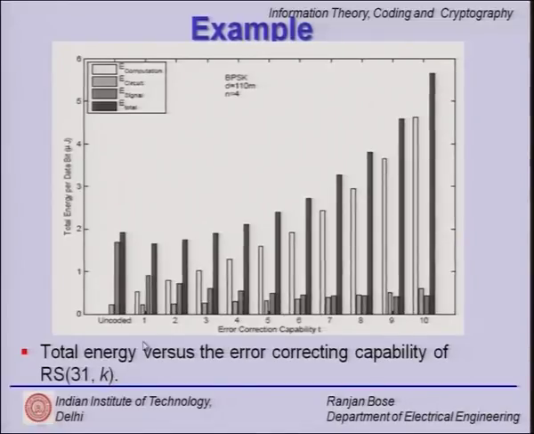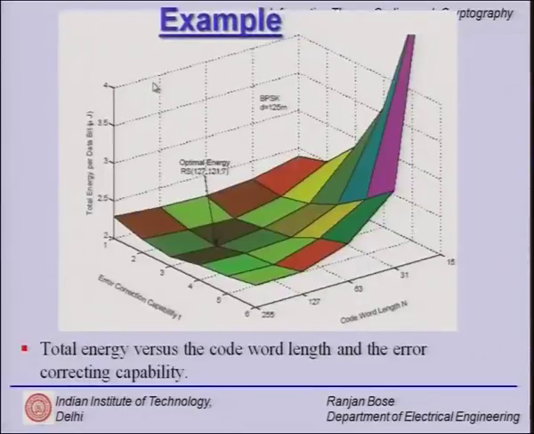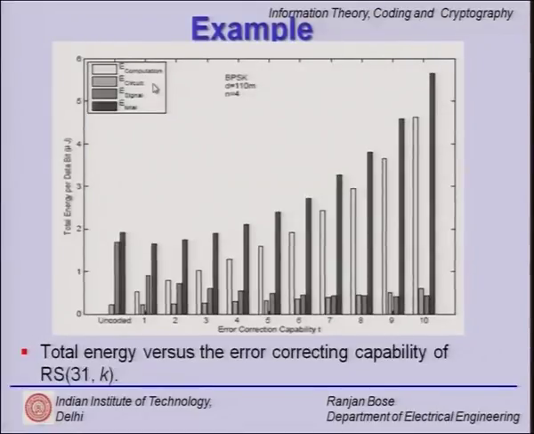So, in this graph you have on the x axis the error correction capability T, and on the y axis the total energy per data bit in microjoules. Now, we have these different shades for the different components. What are the components of energy? The computation energy, the circuit energy and the signal energy, which is the radio energy.